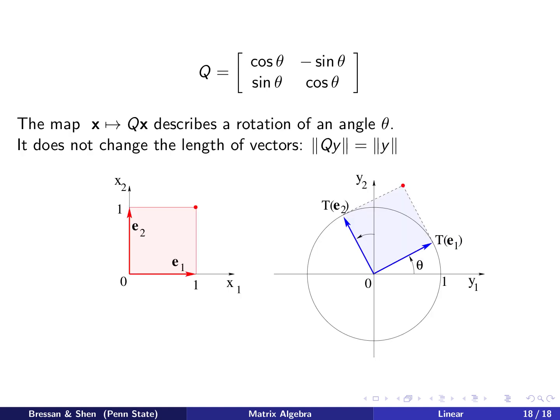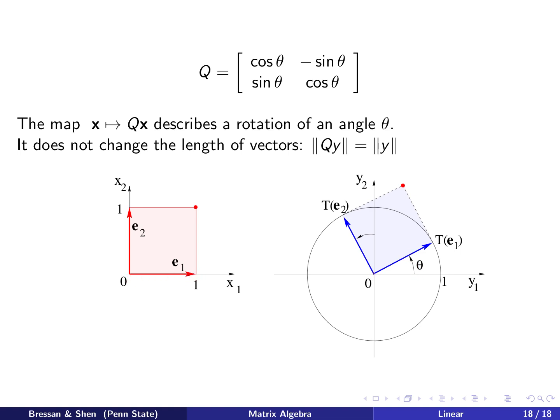And now we can consider the map from x to Qx, a 2 by 2 matrix multiplying a vector in R2. In our earlier discussion, we found that this map describes a rotation by angle theta. More specifically, if you have a little square area in the x1, x2 coordinates, after the transformation it is just a rotation.